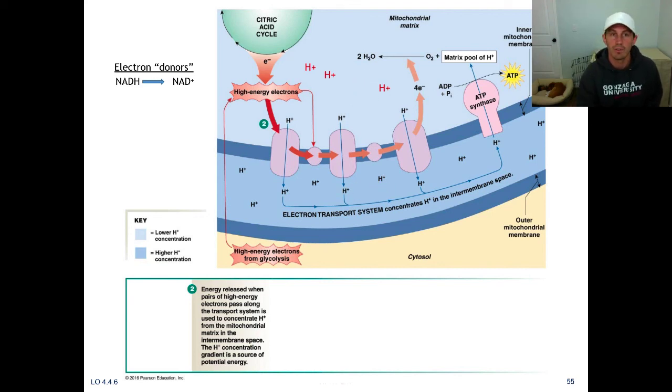So let's visualize that. Those electrons are flowing, and ideally the e's would be moving at the same time as the H's, but I didn't get that fancy with my animation.